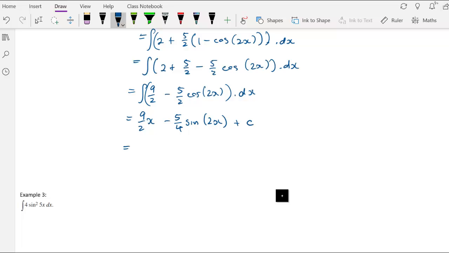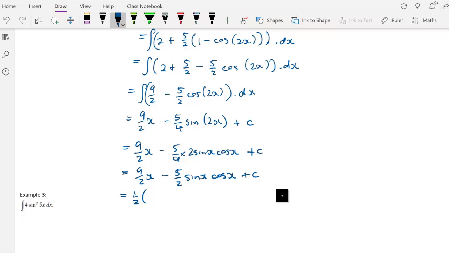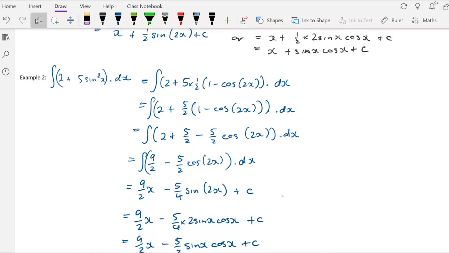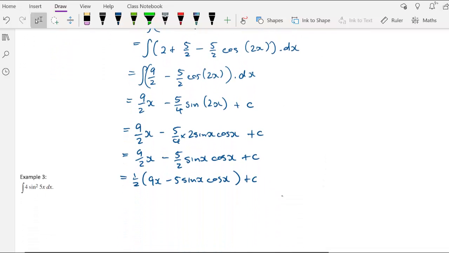And we can leave it like that, or we can again let that sine 2x be 2 sine x cos x, and we have 9 on 2 x take 5 on 2 sine x cos x plus c, or 1 half of 9x take 5 sine x cos x plus c. Okay, so the application can be a little bit more complex, but as long as you go through the process of simplifying first before you integrate, then the outcome is pretty straightforward.